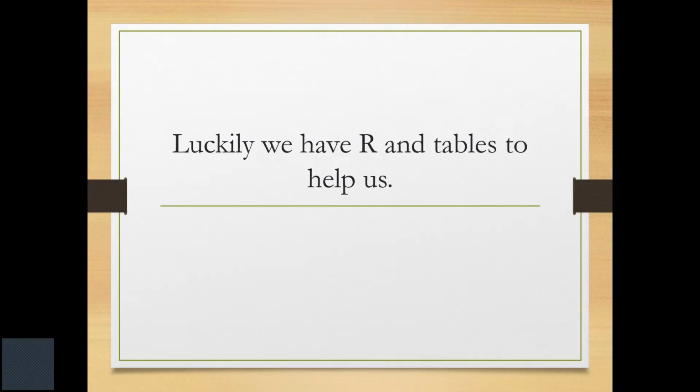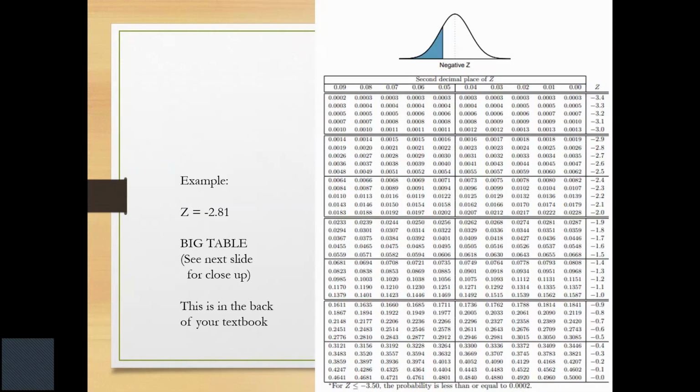So we have R and tables to help us. Here, for example, is the negative Z table, and this is in the back of your textbook. I will also give you one for reference, although we'll learn how to do this in R too. But for the sake of understanding, notice the picture shows you accumulating area from down here in the negative infinity up to a point, okay?